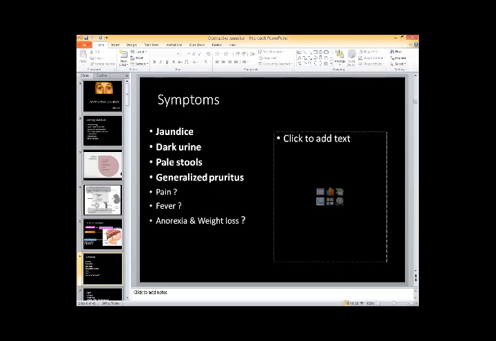When there is obstruction in the flow of bilirubin to the intestine, the color of the stool does not remain yellow because bilirubin is absent, not coming down into the intestine because of the obstruction. So the patient will develop pale stools. But this conjugated bilirubin, which is already present in the liver but not going down in the stool, is present in the liver and also in the blood, and it goes down in the urine.